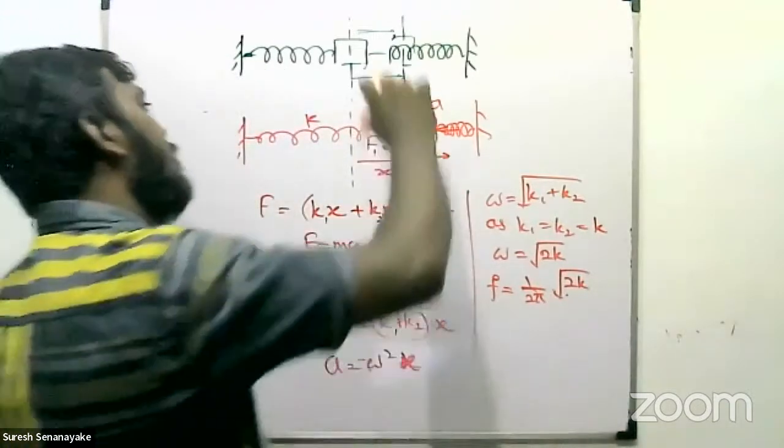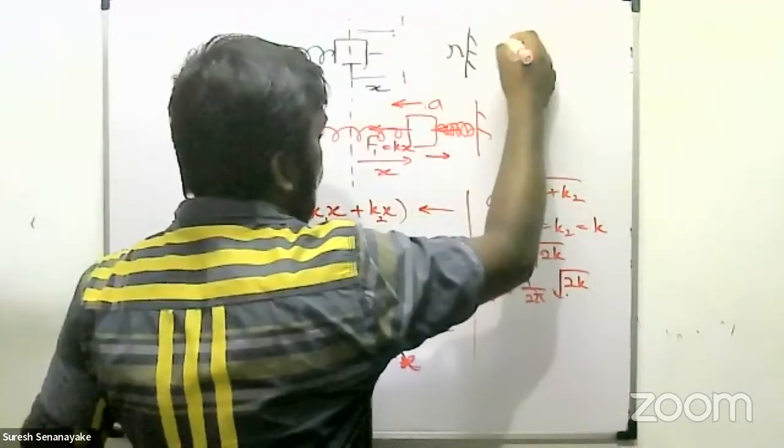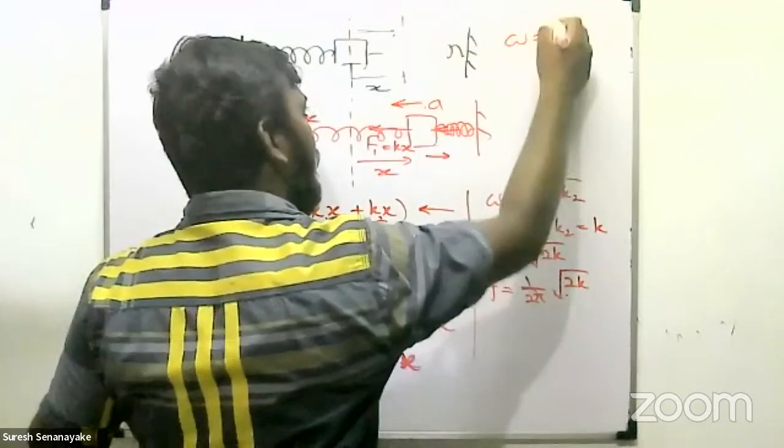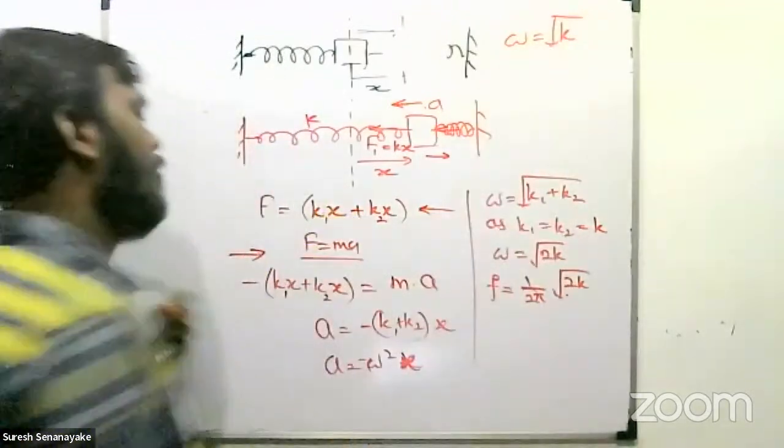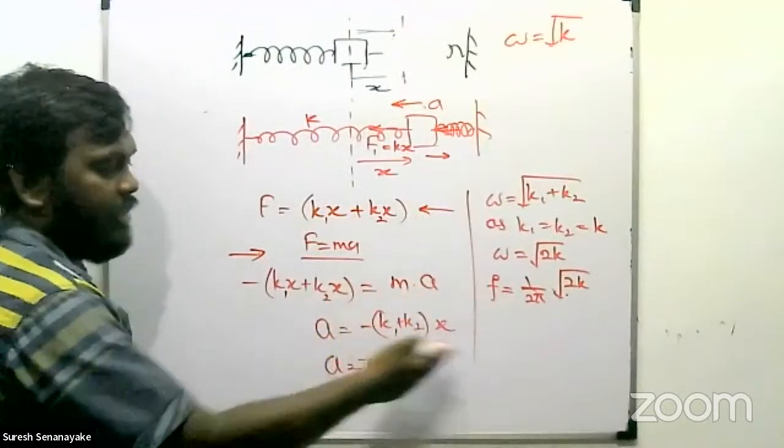If one spring is removed, leaving only one, the acceleration is a equals minus kx over m.